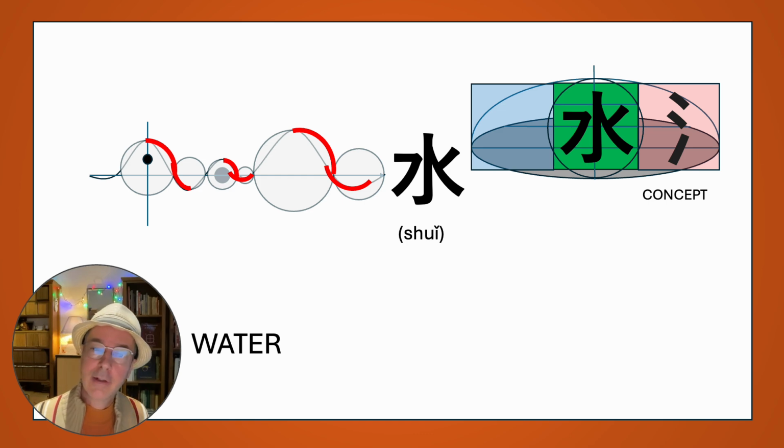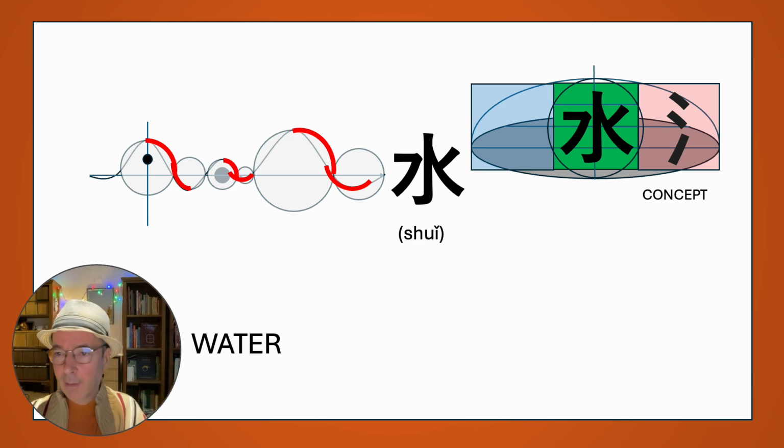So we have here the scheme of focus, the scheme of focus of the material world, the time world, and the context, how the symbol is fitting on my time frame. And I also add there the conceptual idea of water, which can be used as a separate character, as being part of larger characters.